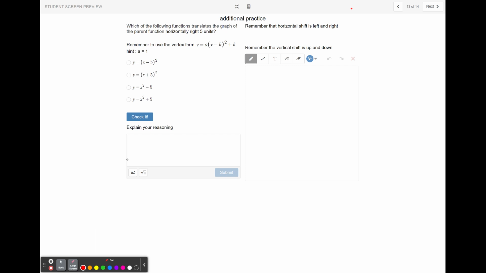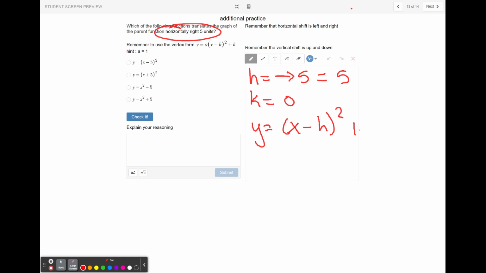And now the same with this. It's horizontally right 5. My h is right 5, which means it's a positive 5. It says nothing about my vertical movement, so that's 0. So if you plug that in, it's always x minus h squared plus k. So we have a minus, and then we already have a positive.